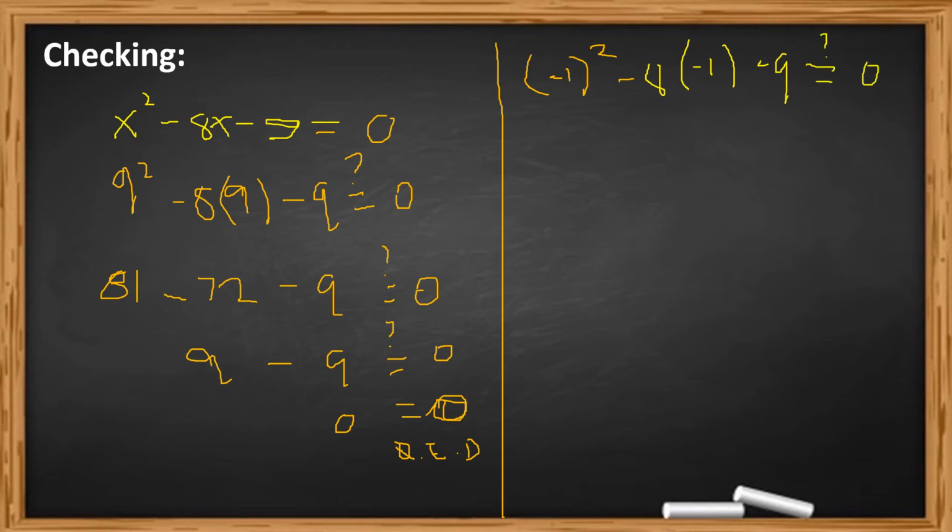But we have to add a question mark. So negative 1 squared is 1. But negative 8 times negative 1 is positive 8. Minus 9 equals 0. But 1 plus 8 is 9. So 9 minus 9 is 0. So that's 0. We forgot the question mark. And that's QED.